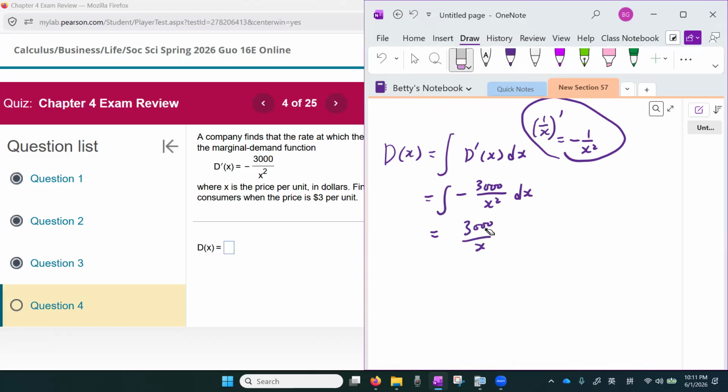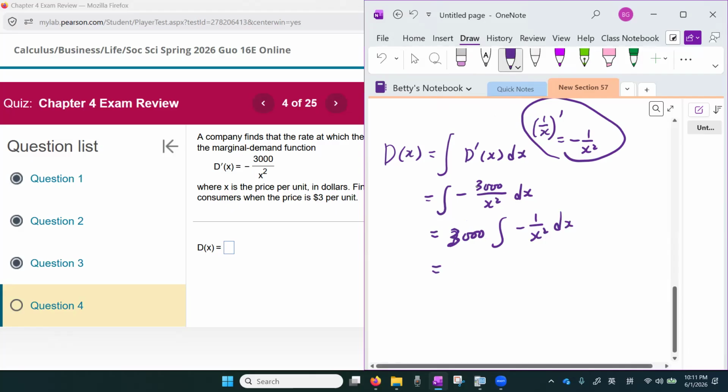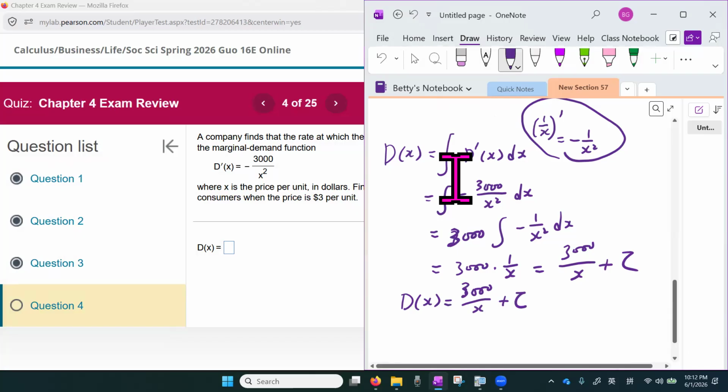If you don't see it, how about we factor out 3,000? The coefficient can be taken outside the integral, and the function is negative 1 over x squared. Its antiderivative is 1 over x. So it's 3,000 over x plus C. So we have D of x equals 3,000 over x plus C. If we know the value of C, then we're done.